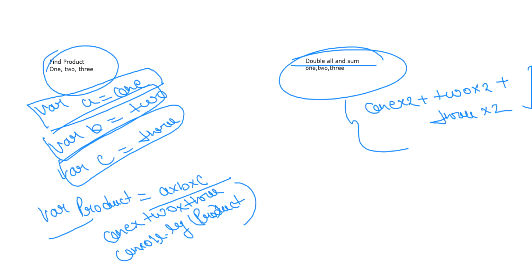So 1 doubled is 2, 2 doubled is 4, and 3 doubled is 6. You only double the values, not a power. So 4 plus 6 is 10, plus 1 is 11.